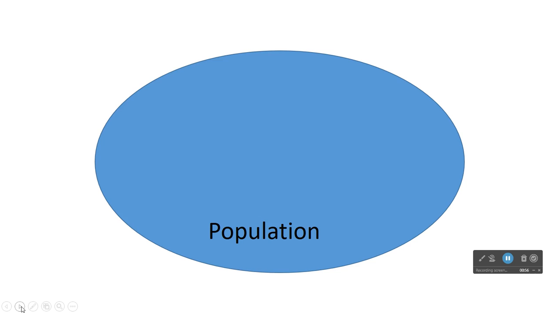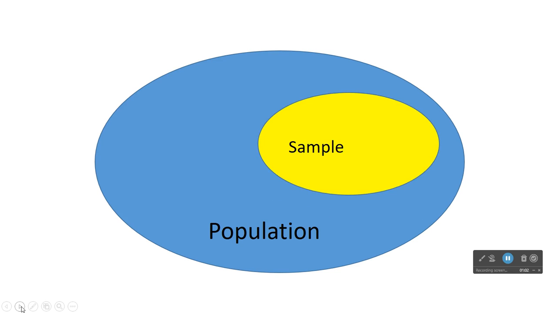It represents the entire thing that we want to study. And typically the population is too big to study on its own, so we'll take a subset of it, which we will call a sample. Okay, so we use a sample as a means of studying the population.